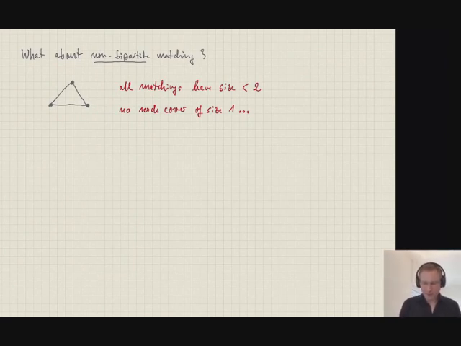We know that all the matchings have size 1, smaller than 2, right? But we cannot find a node cover of size 1 to certify in exactly the same way as we did earlier that there exists no matching of size 2, right? So what do we do here? The idea is, if you remember from last lecture, the matching problem has a linear programming formulation if we add these so-called odd set inequalities.